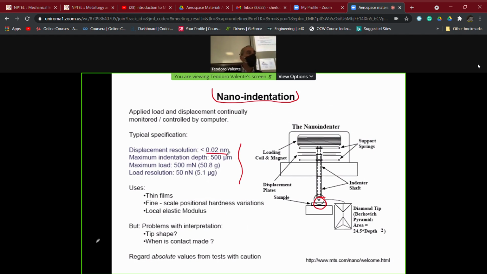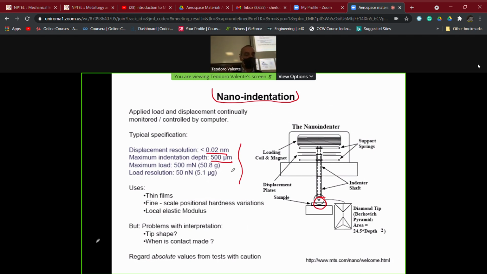You see here, 0.02 nanometer, with a maximum indentation depth, when we use the maximum load, of 500 microns, so half a millimeter. But if we use very low loads, we can go also in terms of depth to 100 or 50 or less, 1 micron, for example.